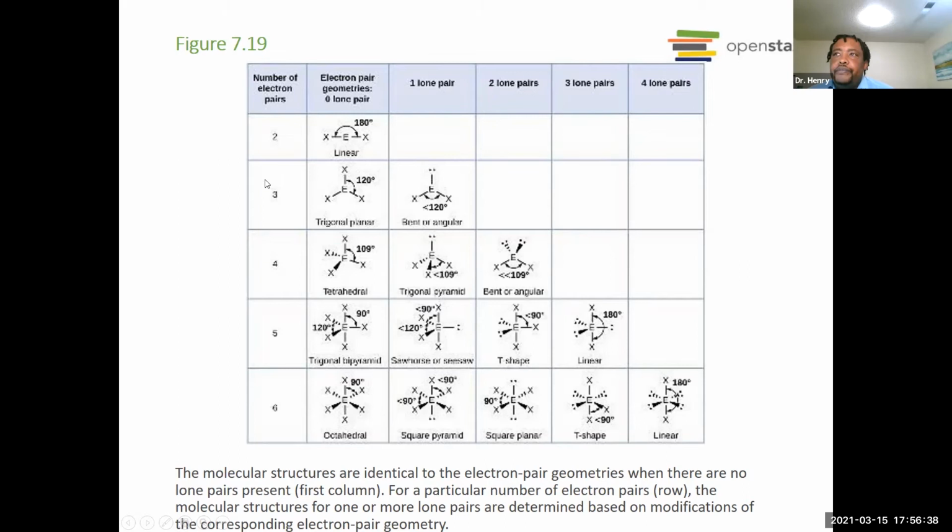If we have 3 attachments and no lone pair, it's going to be trigonal planar. If 3 things are attached, but one of them happens to be a lone pair, like in this case right here, then our structure becomes bent or angular.